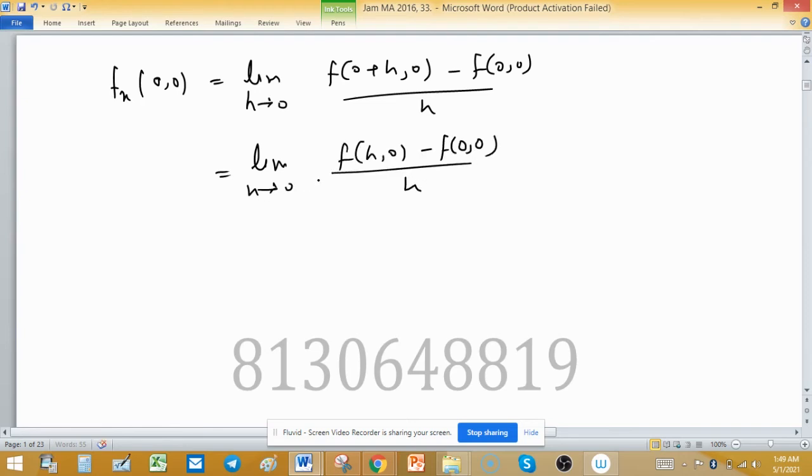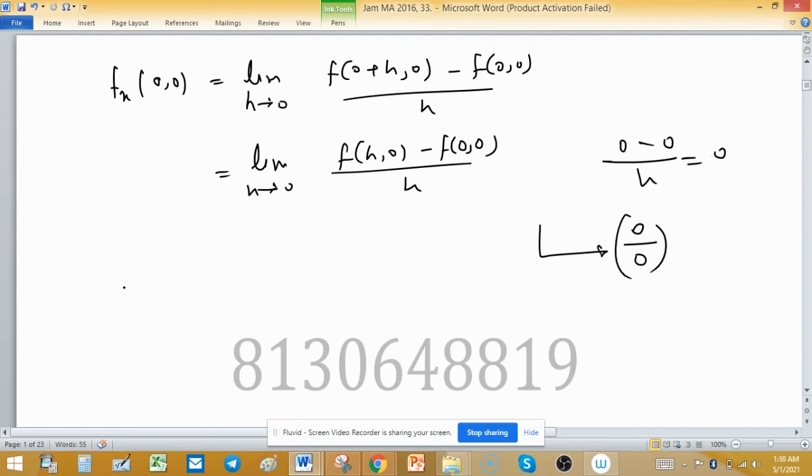As h tends to 0, it means h is neither positive nor negative. So by the structure of f, as we explained earlier, this is 0 minus 0 upon h, so 0. Never understand this as 0 by 0 form, because we obtain the 0 by 0 form only after putting the limit, but without applying the limit, we have 0, so the final limit is 0.